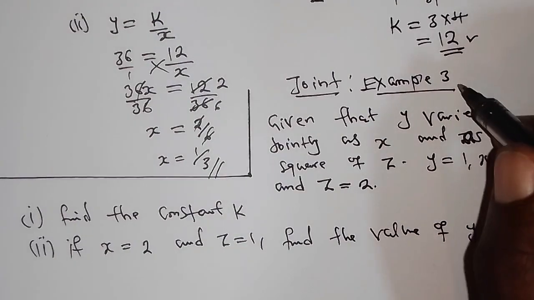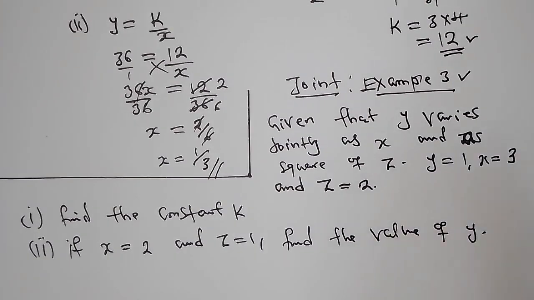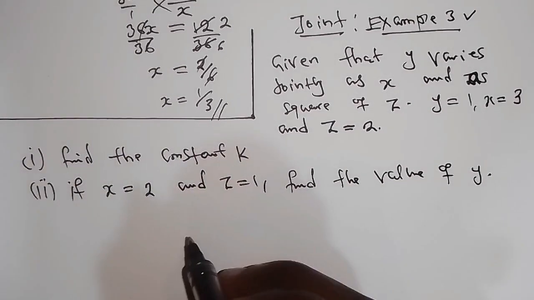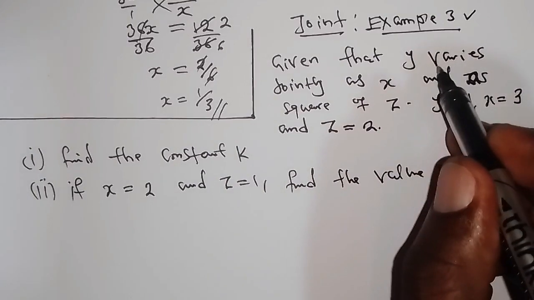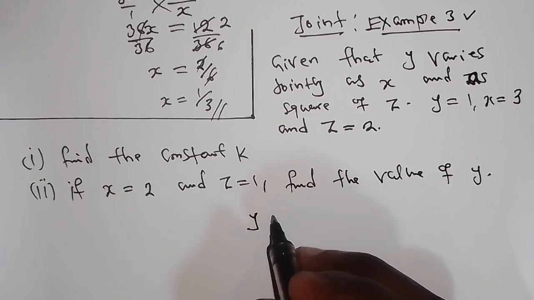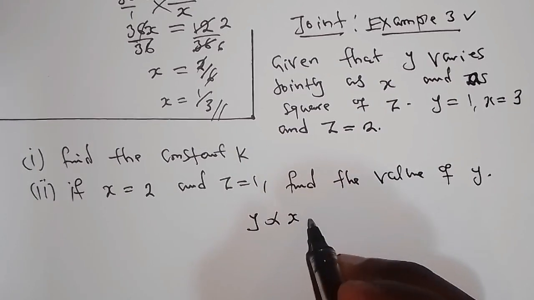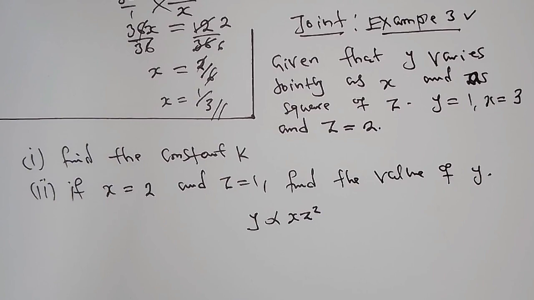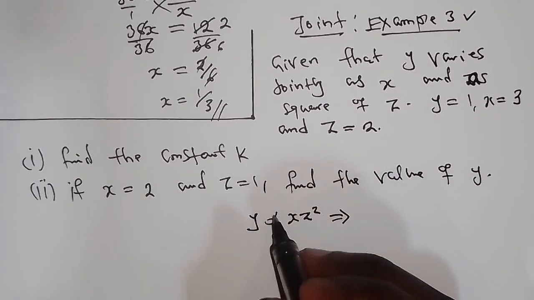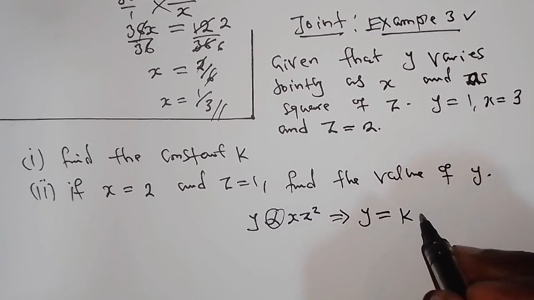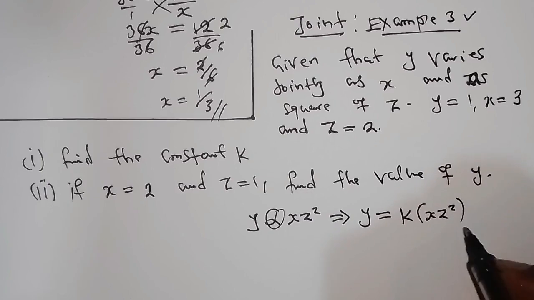So, like I said, joint variation is just a complex direct variation. On number 1, the equation connecting y, x and z is: y varies as x and the square of z. Now you always remove this and introduce the constant: y equals k x z squared.